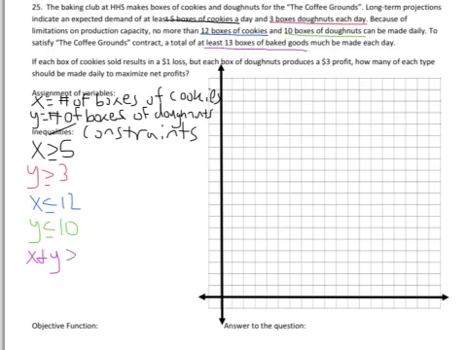So greater than or equal to 13. And those are my constraints. To make sure we can graph this, I'm going to solve it, and I'm going to subtract X. I'm going to get Y is greater than or equal to negative X plus 13.